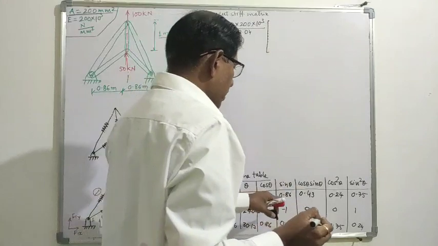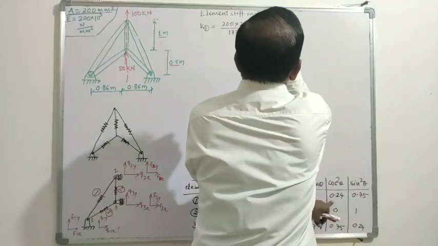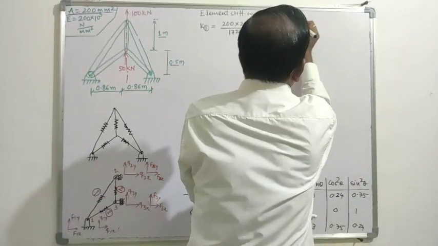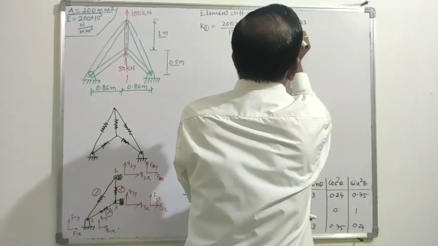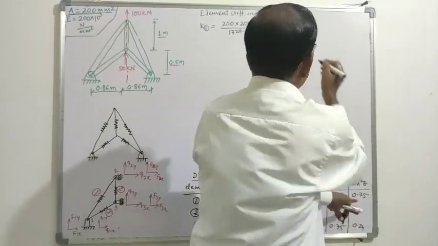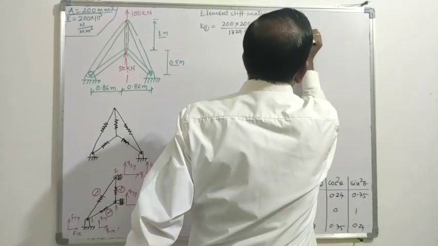C square is 0.24, CS is 0.43, S square is 0.75.